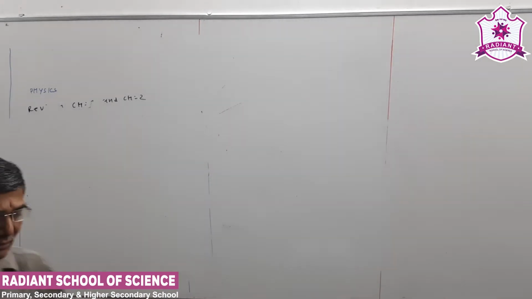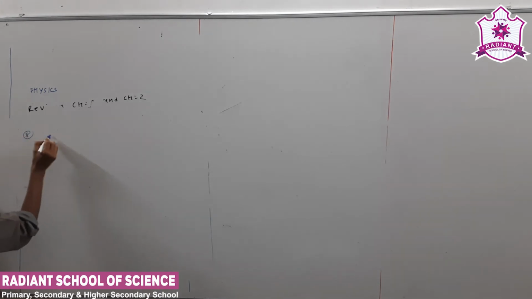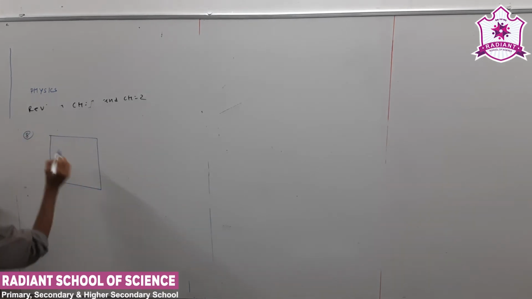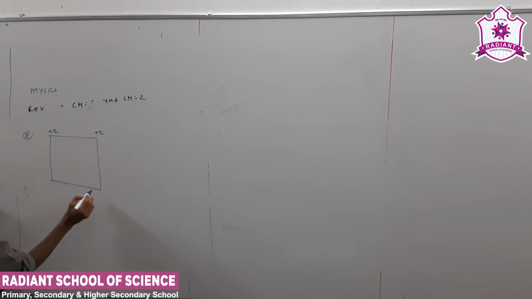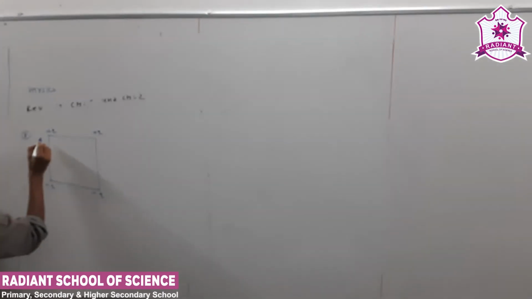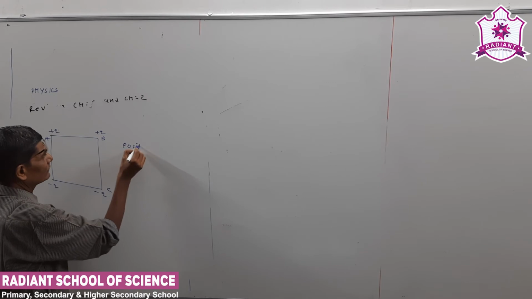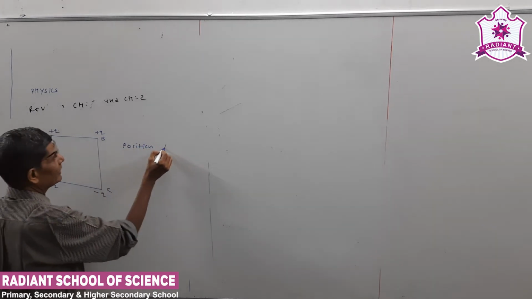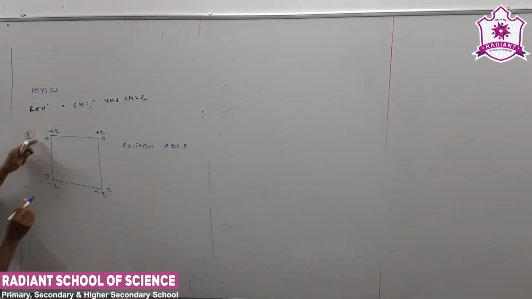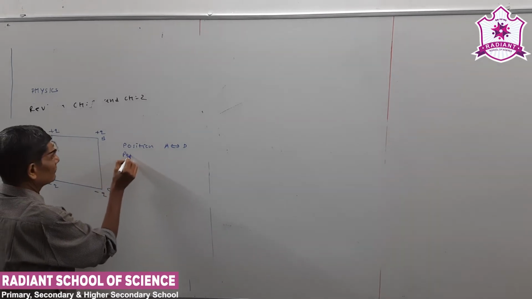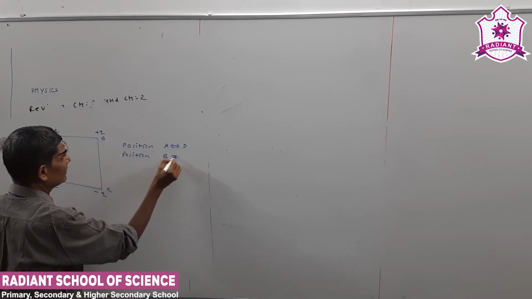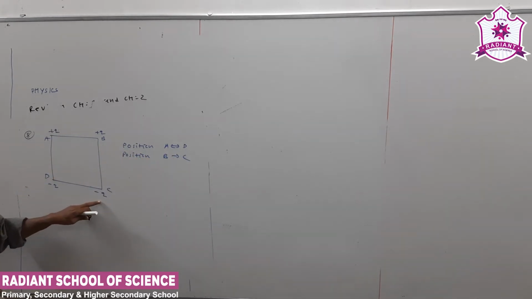Now we take another question. Let us say plus Q charge and minus Q charge are on the vertices of a square. Now if the positions of A and D are interchanged, D is brought to A and vice versa, the positions of B and C also will change. C, the minus charge, will go to vertex B and this will go to the other vertex.